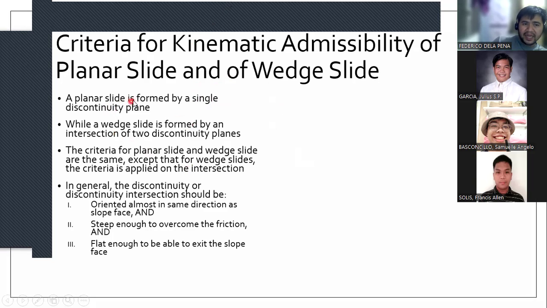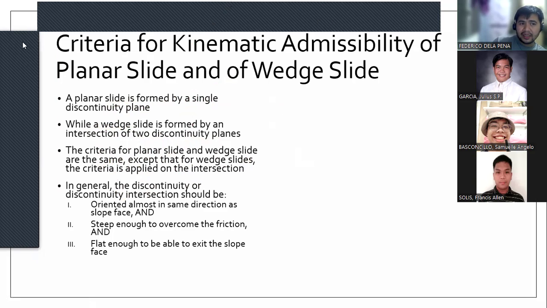Okay, planar slides are formed by a single discontinuity plane. And then for the wedge, you need two discontinuity planes. Okay. And I just want to emphasize in this slide that the criteria for planar slides and wedge slides are essentially the same. Okay. They basically have the same criteria.